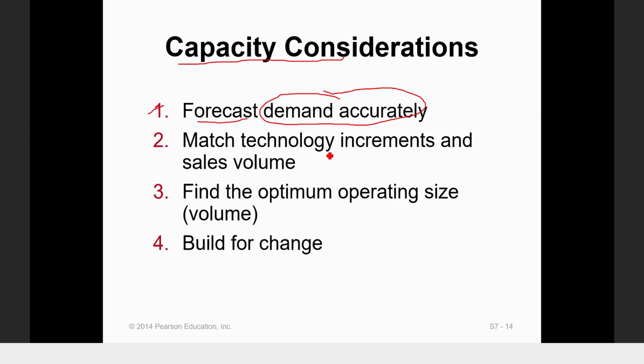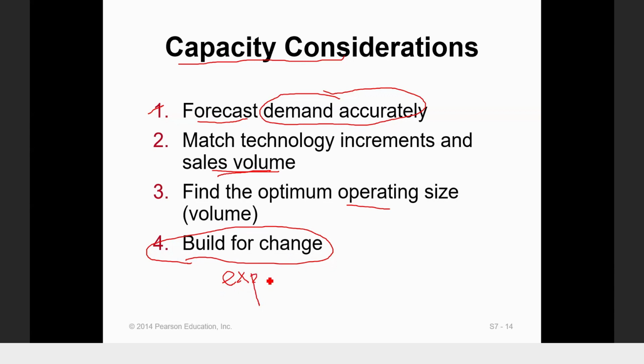We need to match the technology and the value that we are expecting for the demand or sales volume, and find the optimum operating size. When we build a facility, we also have to consider possible change and increment. We can expect that in 5 years there will be increasing demand, so we have to design potential for expansion.